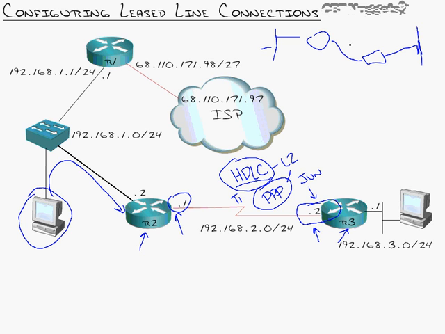Now, when you're buying a serial cable to go between the CSU/DSU and your router, you actually will buy a cable where one end is known as the DCE, and the other end is known as the DTE, which stands for Data Terminal Equipment. And the best way to remember DCE is to think that the C stands for clocking, because the service provider sets the clocking for your WAN connection.